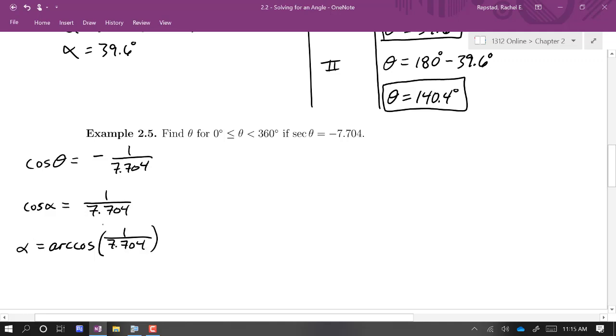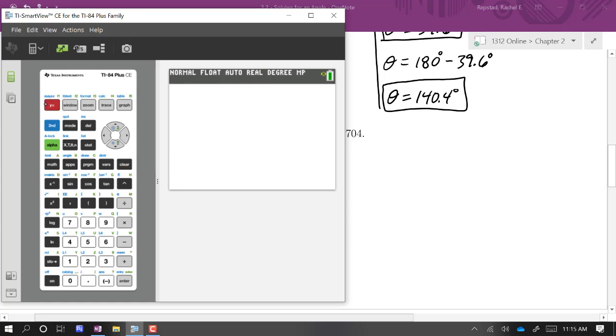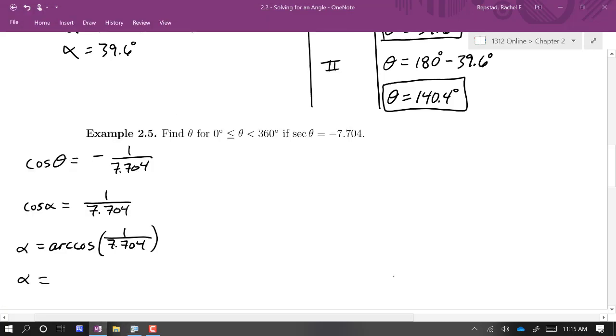And I can enter it in the calculator just like that. I'm going to make sure I close parentheses. Arc cosine, or inverse cosine, 1 over 7.704, close those parentheses, and I get 82.54 degrees.